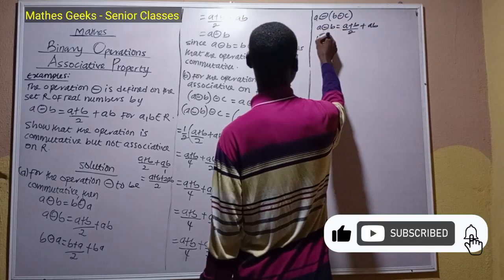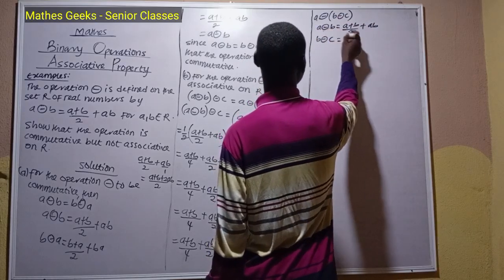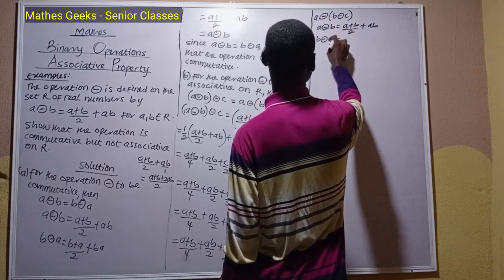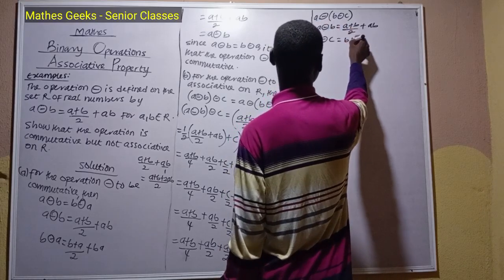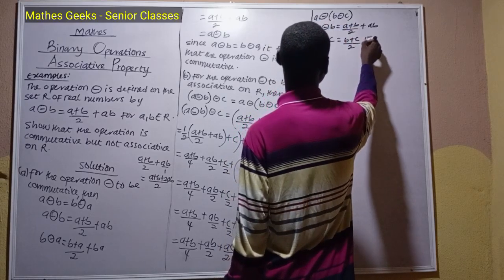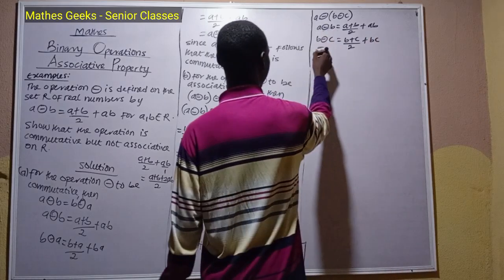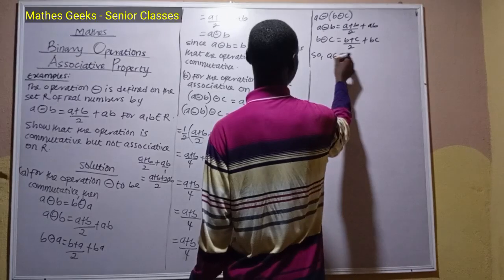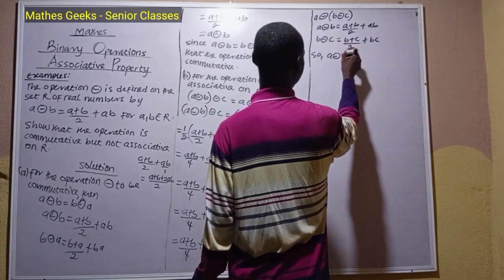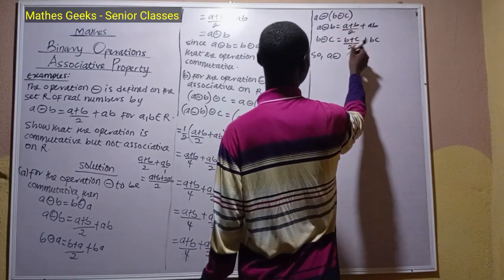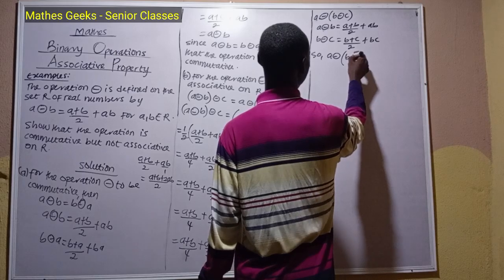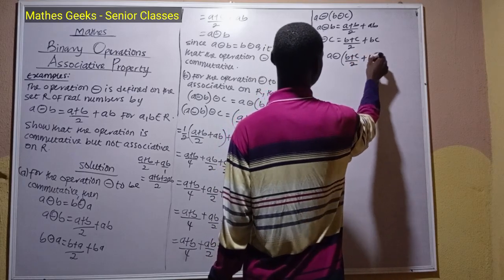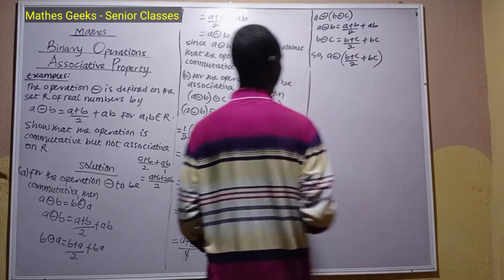So now B operation C will be where B replaces A and C replaces B. So it becomes B plus C over 2 plus BC. So B operation C will be A operation B plus C over 2 plus BC. That's what you're going to have to do.